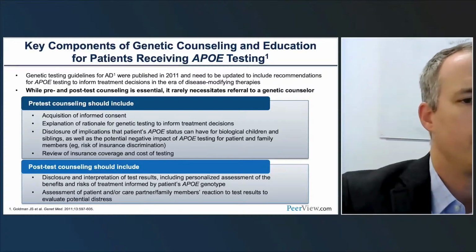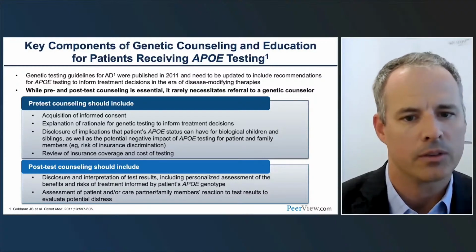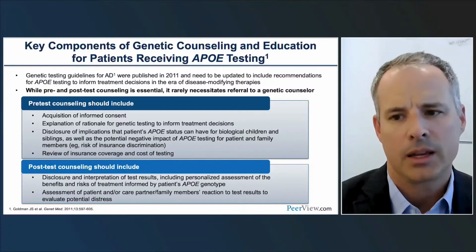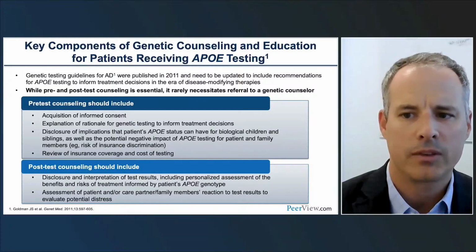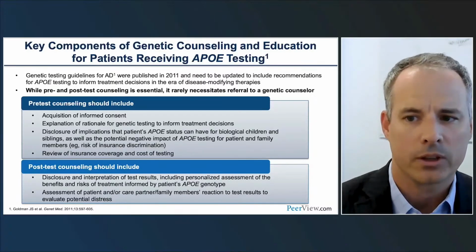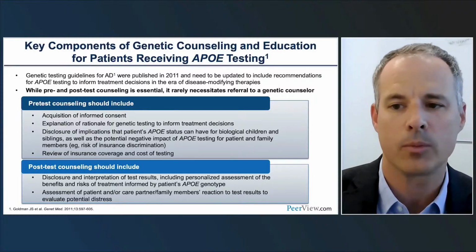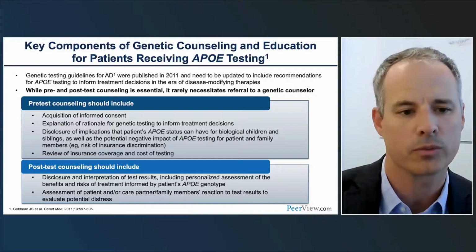So there are some key components of genetic counseling and education for patients who are going to be receiving ApoE testing to inform their treatment. I think it's important to understand that in the past, ApoE4 testing was generally used to inform AD risk in patients who either had questionable memory loss or were concerned about their future risk.